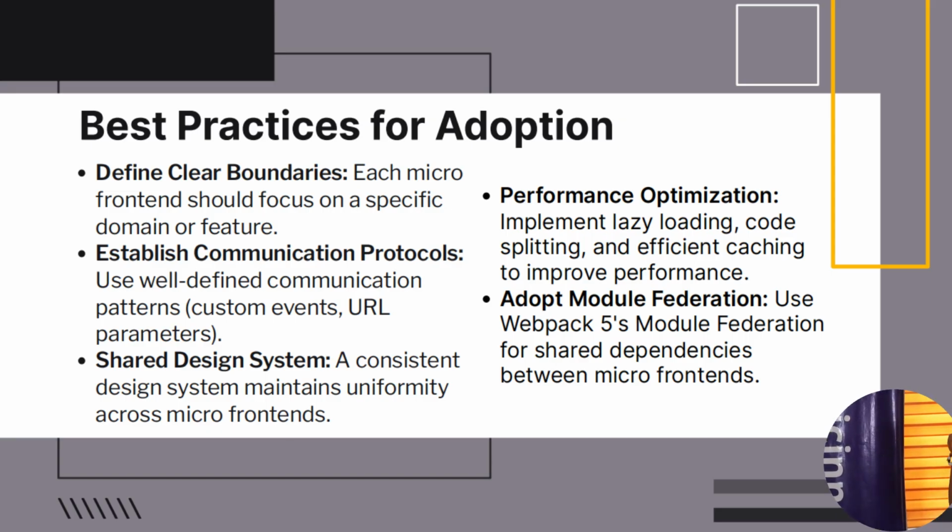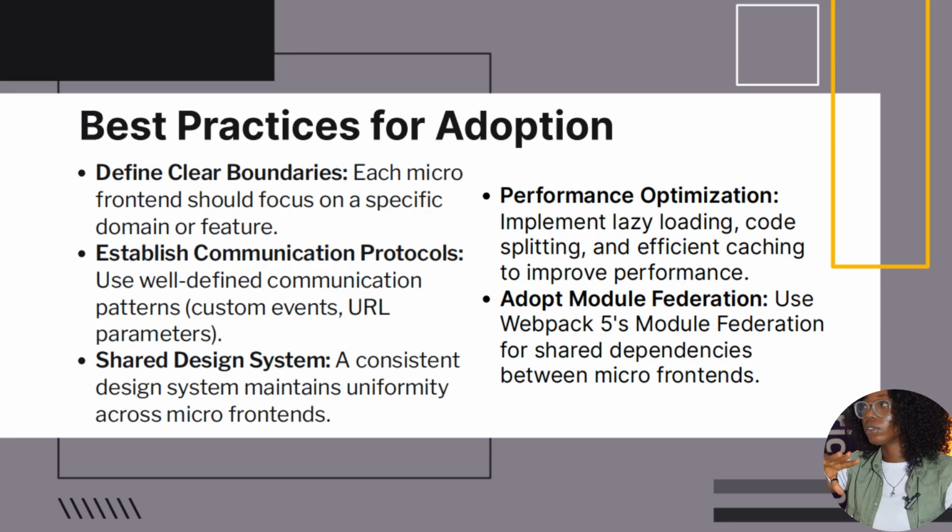To optimize the performance of the application once it is loaded, you can implement lazy loading, which means whenever the user interacts with a part of the application. Let's use Netflix as an example, because Netflix adopted micro frontends for the application.